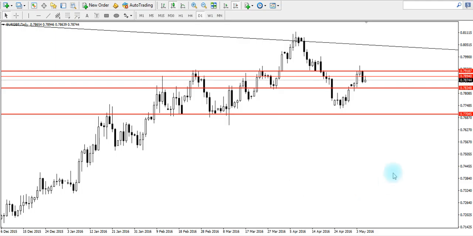Alright, so tonight we have the non-farm employment change at 8:30 p.m. Singapore time. What I felt is that there's definitely a lot of confusion right here, because the currency level as it is standing right now is definitely not considered strong, but definitely not weak at the same time.